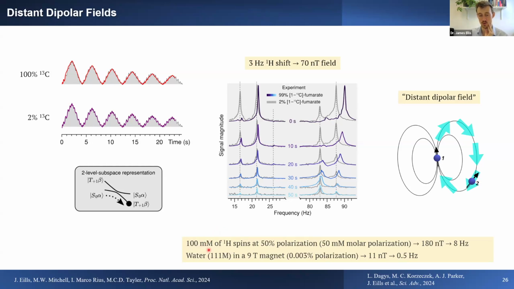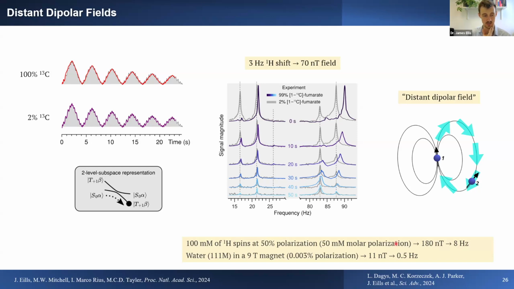If we're doing PHIP experiments, our samples are much lower concentration, maybe 100 millimolar, but the polarization is significantly higher. We regularly reach tens of percent in polarization. Taking these numbers, this would be a 180 nanotesla field created by the protons, and that causes an 8 hertz line shift.